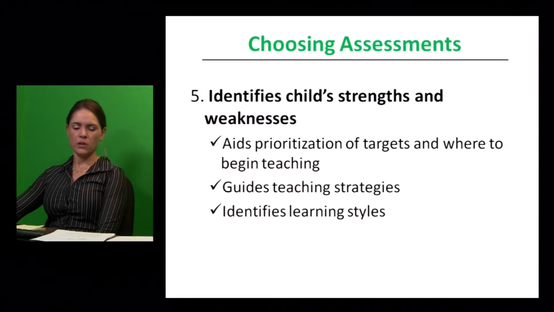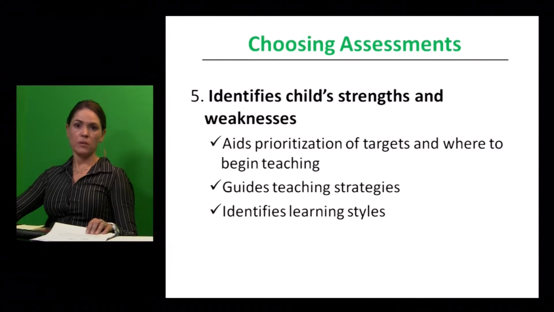That also lends well to learning styles. If, let's say, a child is a sight reader, maybe you're going to use sight reading as a way of getting certain skills across. So there's all these kinds of things that might also be helpful, and if an assessment can help to identify that, that would be wonderful as well.